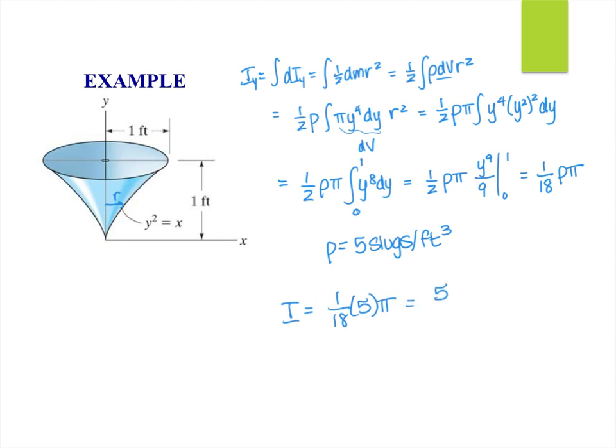So it's 5/18 pi, measured in slug feet squared. All right, so that's how I found the value for the moment of inertia about the y-axis.